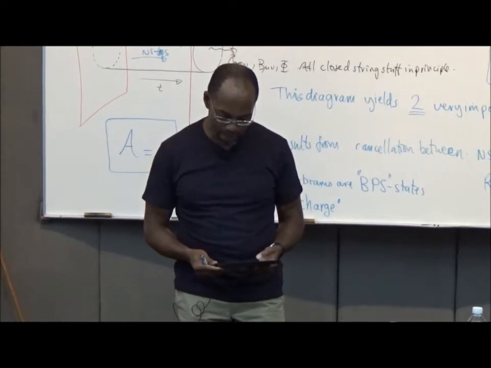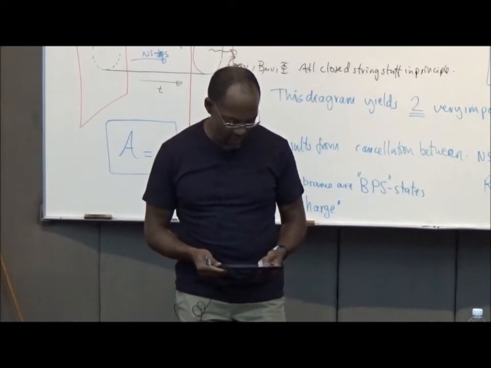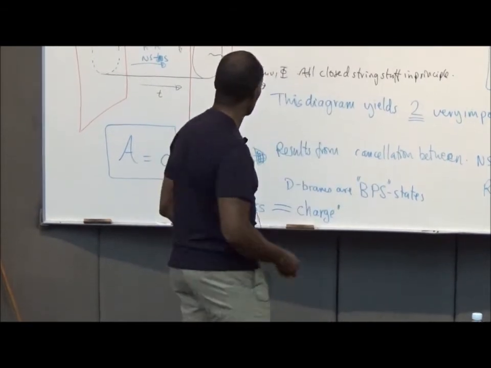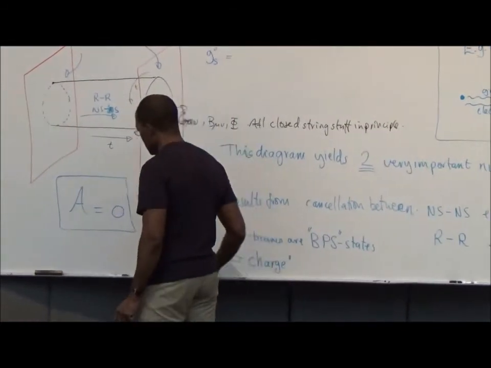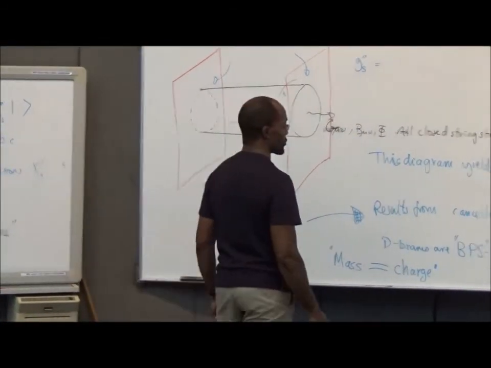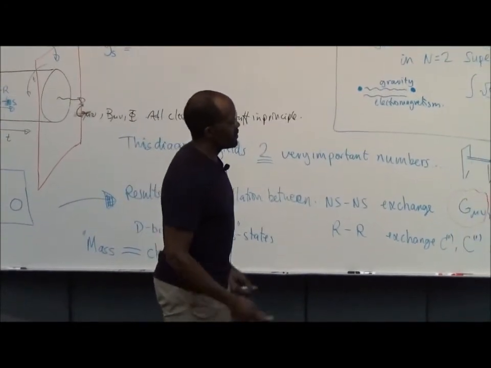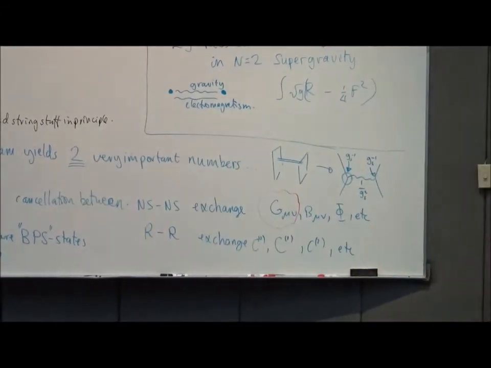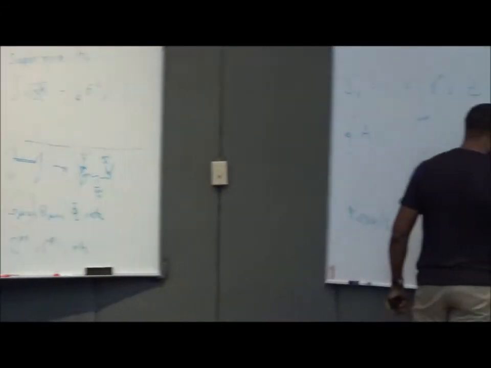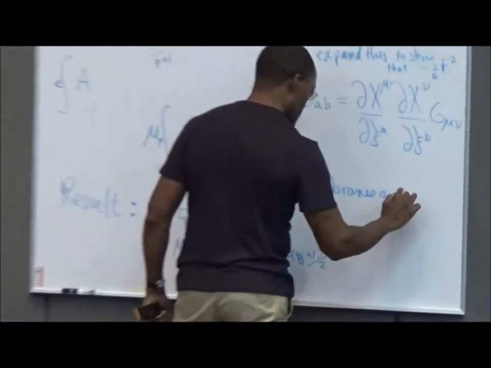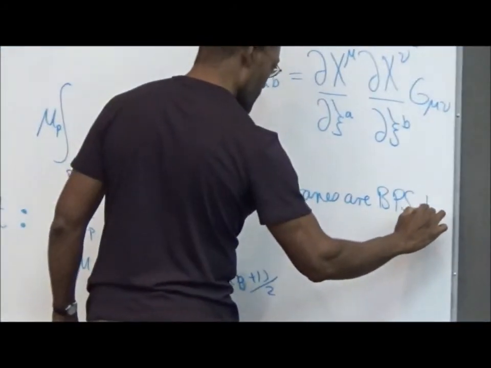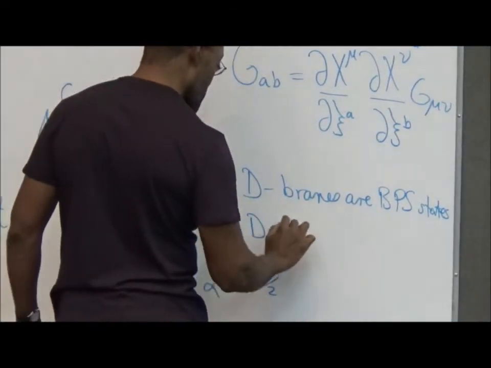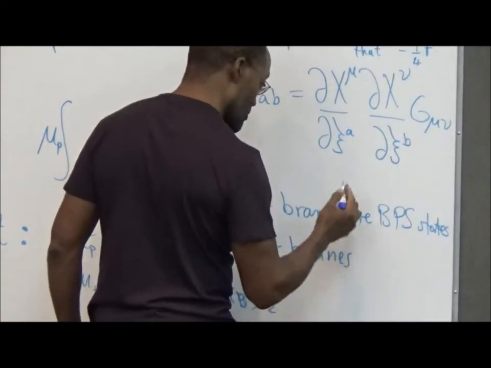Okay, there's something else that I claimed on Saturday that is a piece of this story. It's very important. So let me list: D-branes are BPS states. D-branes carry Ramond-Ramond charge, which is what enables them to be BPS states.